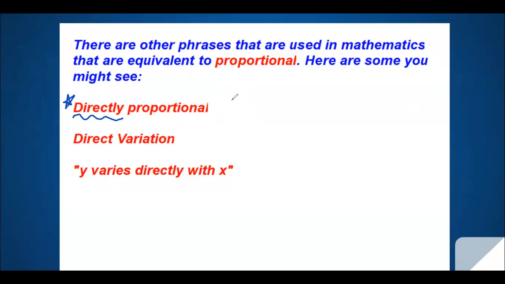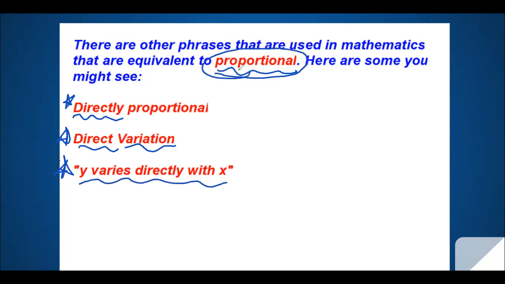If I boost the value of x, the value of y also goes up. Another phrase is direct variation. Same thing as proportional in this chapter. And finally, the third phrase is y varies directly with x. That's the final phrase you want to write down. All three of these could swap out for this word while we're in this part of the chapter.